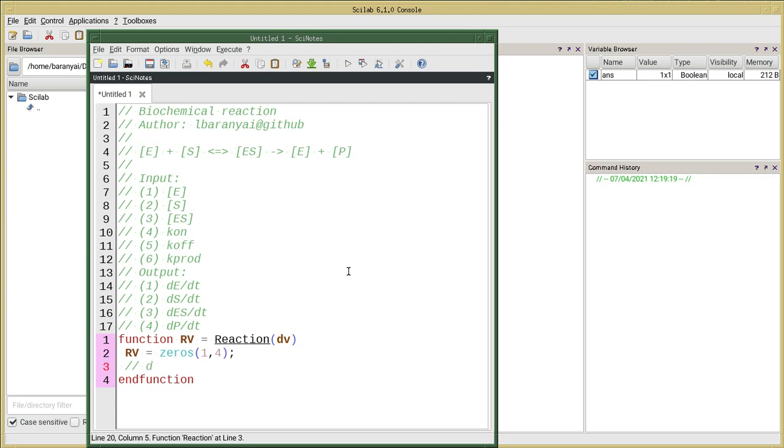So first, the enzyme quantity change will be how it is changing. The enzyme quantity will decrease because we produce the enzyme substrate complex. So minus k on, the complex production kinetics, multiplied by the enzyme multiplied by the substrate, because these concentrations are driving the biochemical reaction, how they make the complex.